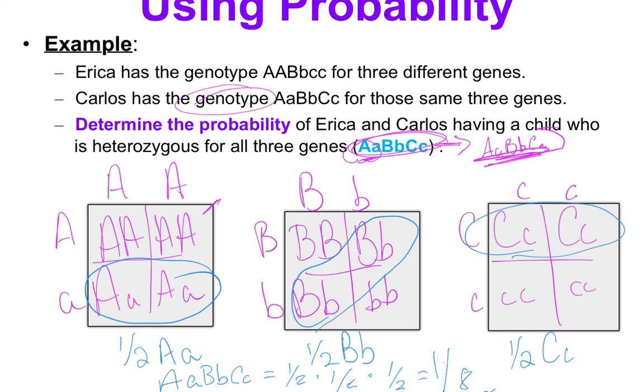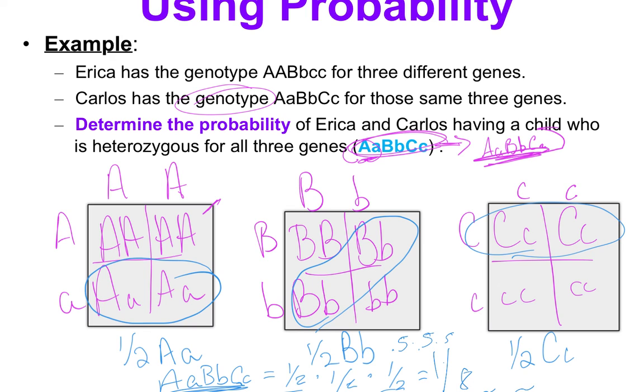So for the probability of them having a child with this combination, you figure out what you're looking for and multiply them all together. So 1/2 or 0.5, 0.5 times 0.5 times 0.5, and you're going to get 1/8, or 0.125.